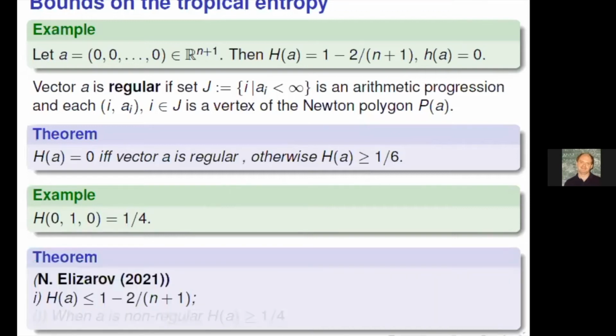And actually, quite recently, my student has proved that both bounds are sharp. Namely, the entropy is always at most the entropy for the vector of all zeros, and for the lower bound, it is always at least 1/4. So now we have sharp bounds for the entropy.